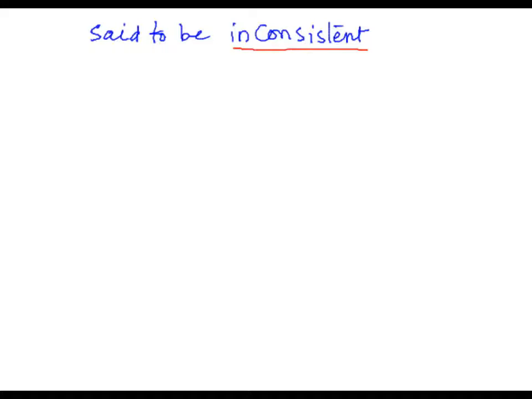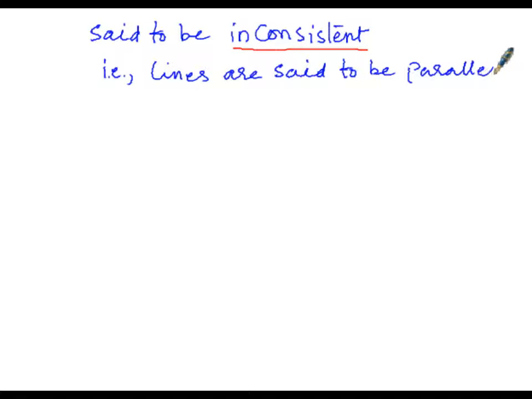That means the two lines are said to be parallel. In this case, if the lines are parallel, then the system is called inconsistent and does not have any solution set.